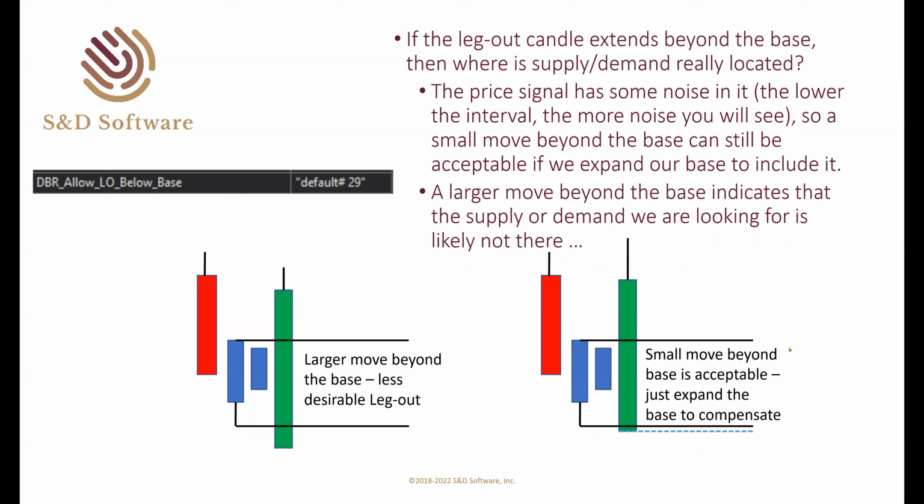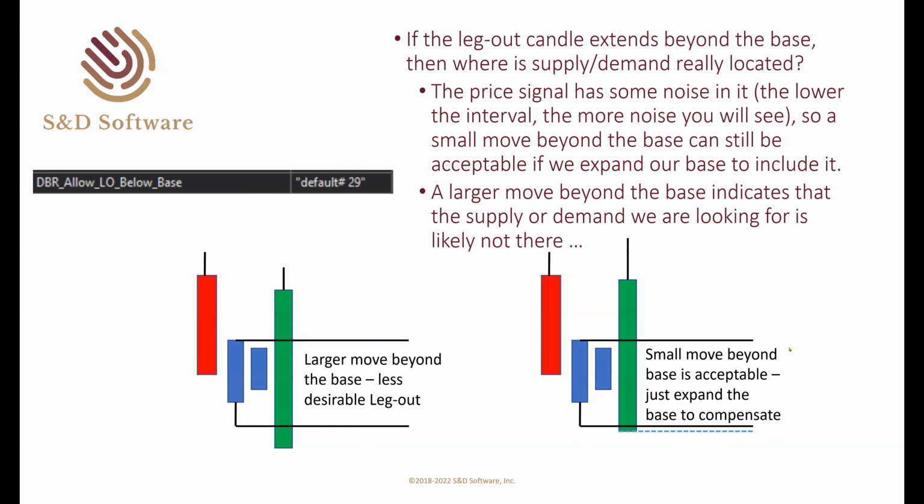Now, in this case here, we have the leg out actually starting below the base. What exactly is that telling us? Where is the demand really located here in this case? Now, we would like to have the demand associated with the base, because that's what we use as the basis for drawing our supply or demand band.